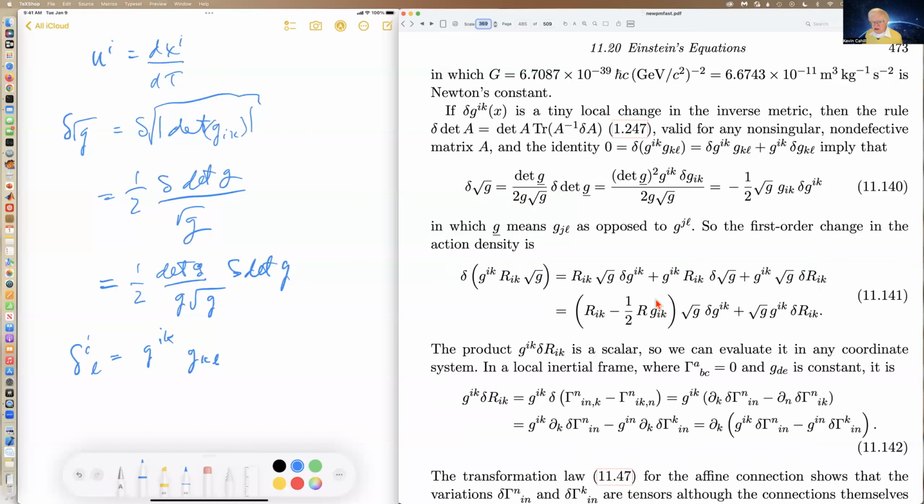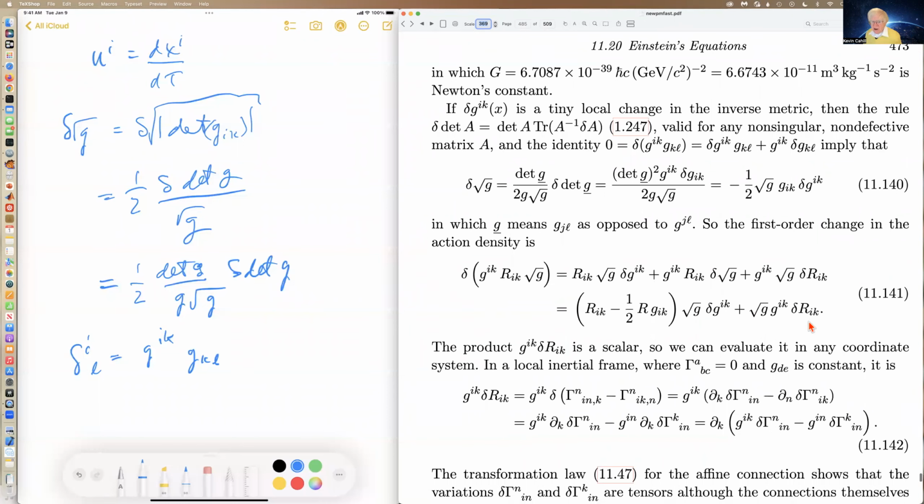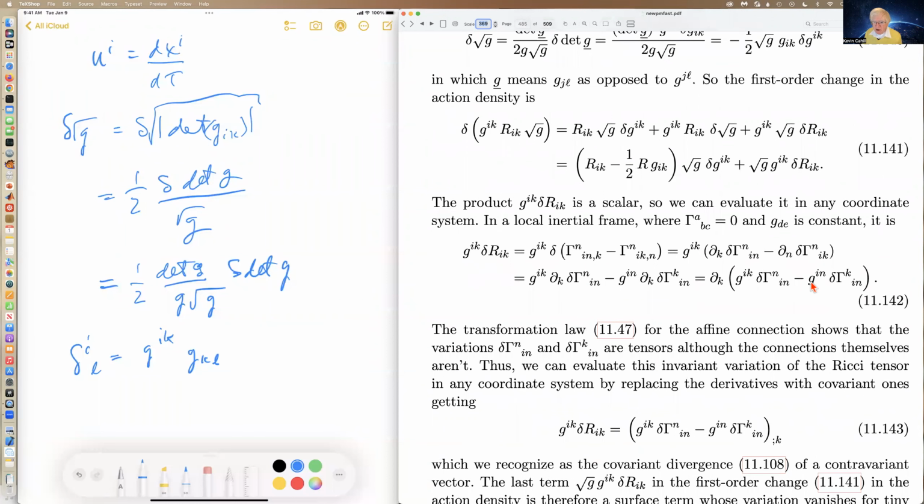So combining those together, we get the expression in the ordinary brackets, times square root of g times the change in the inverse metric, plus another term. This other term we're going to throw out because we're going to show that it's a surface term.